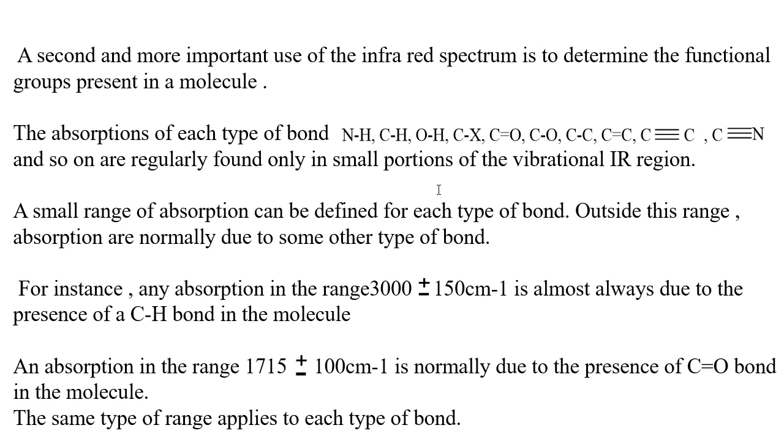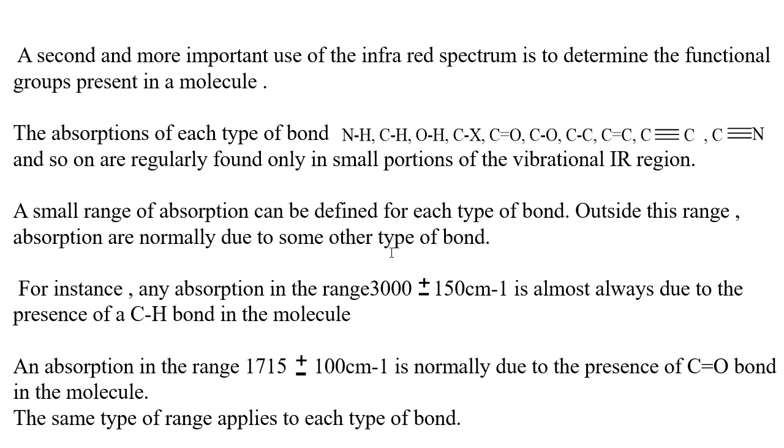Each of these functional groups will absorb in a small portion of the IR region, and hence we can examine whether there is any peak in this region and find whether the molecule has that functional group present. That is the method.